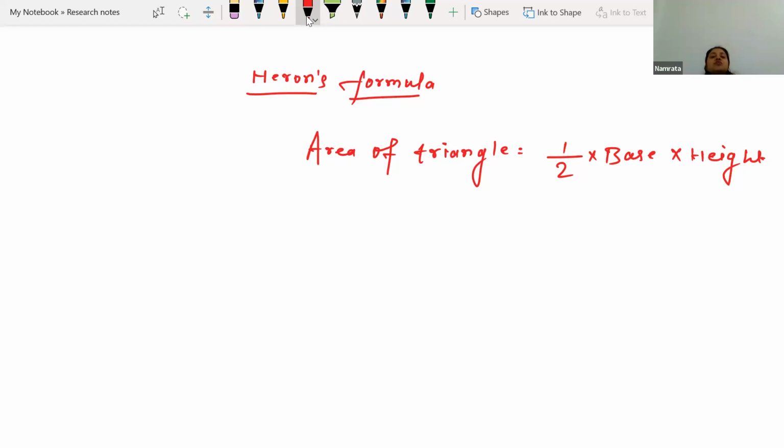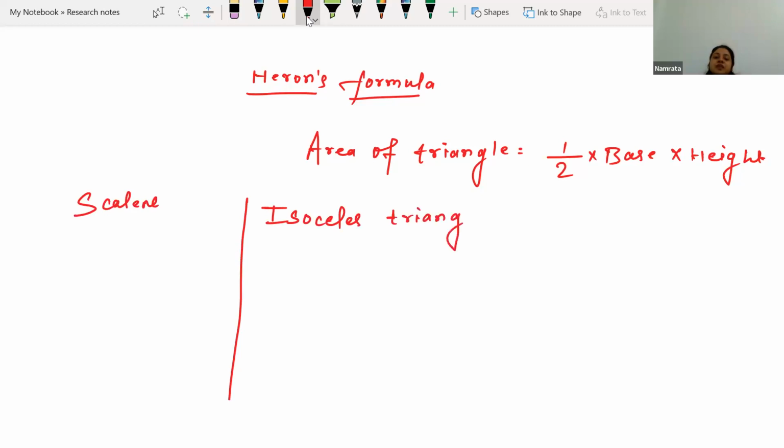Let me show you why we need a new formula, why we need to discuss this topic. Let me show you a scenario. Basically we have three types of triangle, as you already know: the scalene triangle, isosceles triangle, and equilateral triangle.